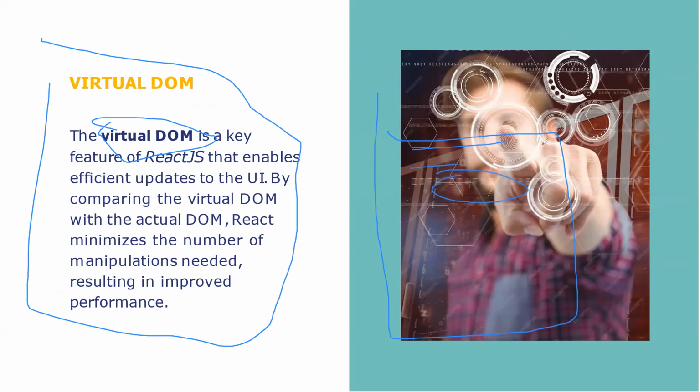Instead of re-rendering the whole content, why shouldn't I render only the particular content that changes? Here React creates a virtual DOM and compares this particular element. Only that element changes in the new web page, and everything else stays the same. This is how React uses the virtual DOM to minimize the number of manipulations, resulting in improved performance.